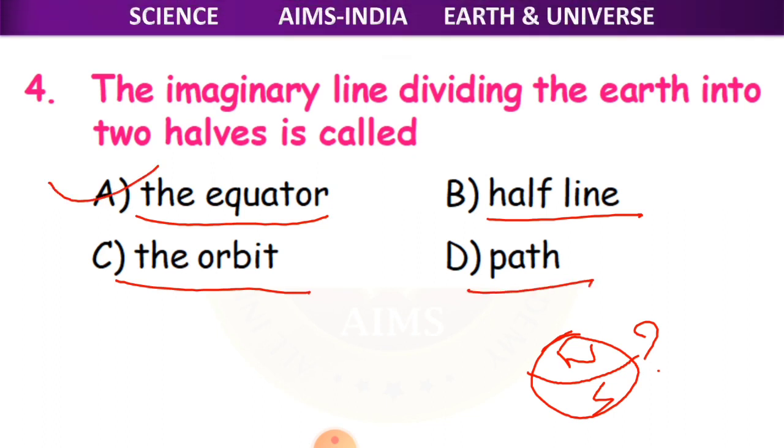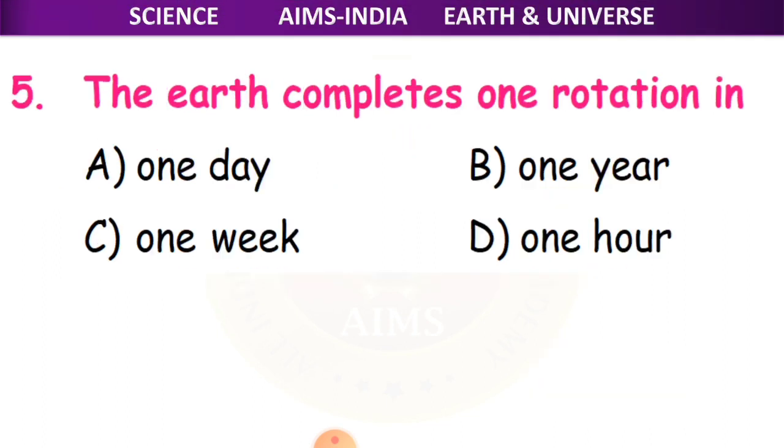Clear, children? Now the fifth one, the earth completes one rotation in. Again, what is rotation? In the earlier question we learnt about revolution, and here this is rotation.